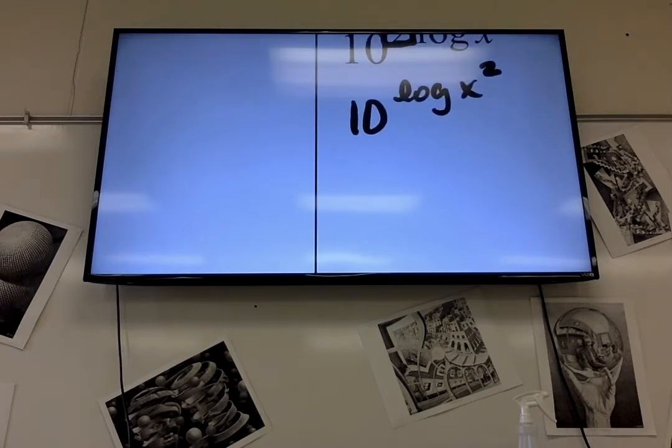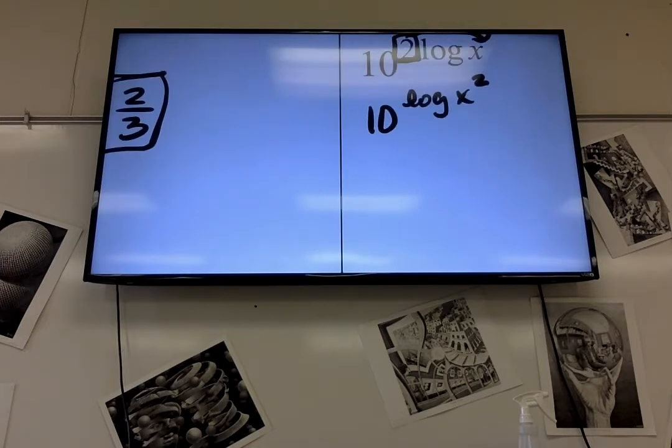What's the base of this log? Yeah, it's a common log. There's no number there, so it is an understood 10. So since those match up, your answer is just the argument part, the x squared.